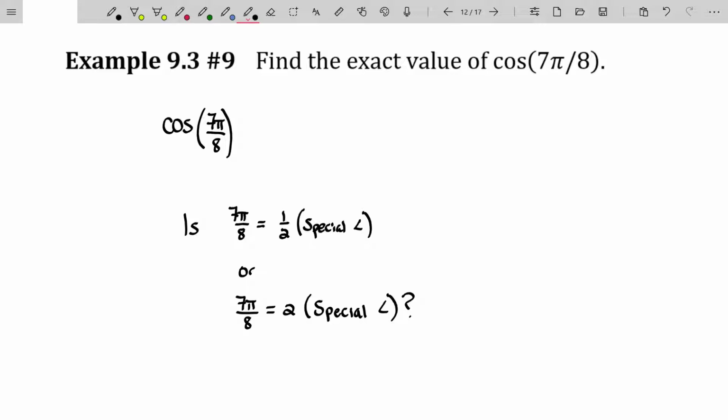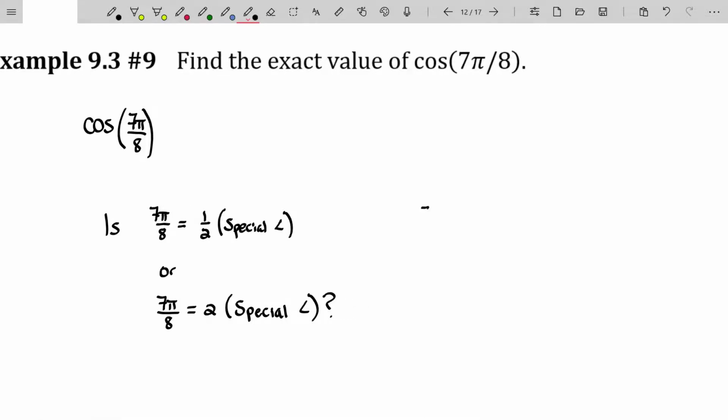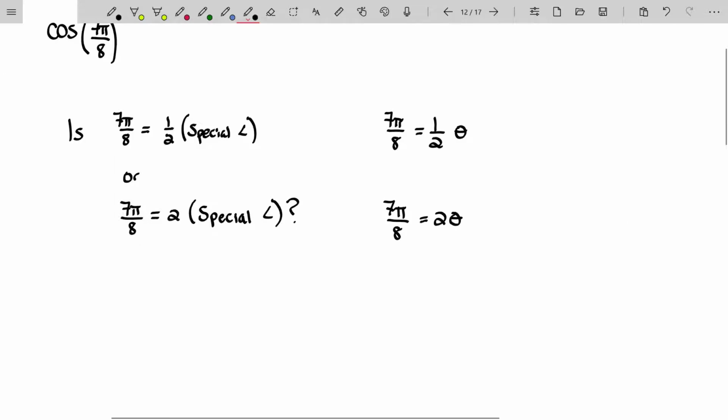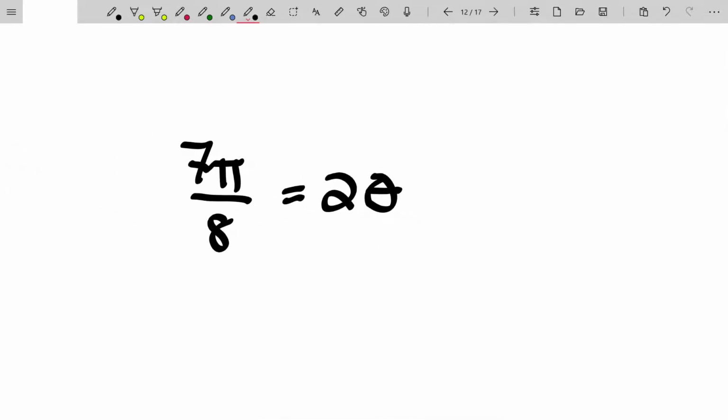A better way to write that, because you don't want to use words the entire time in mathematics, is: is 7 pi over 8 one half of, let's call it theta, or is 7 pi over 8 twice a very special angle? Well, let's do the twice one for a moment here. Let's just divide both sides by 2. That would imply we're looking at 7 pi over 16.